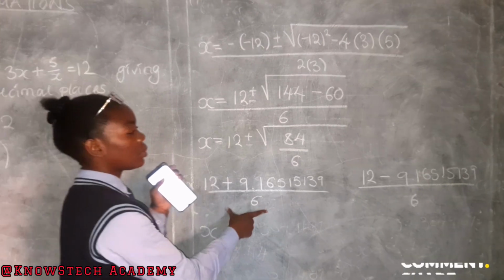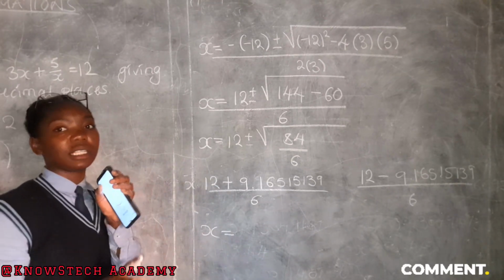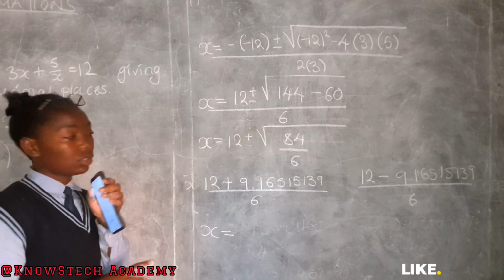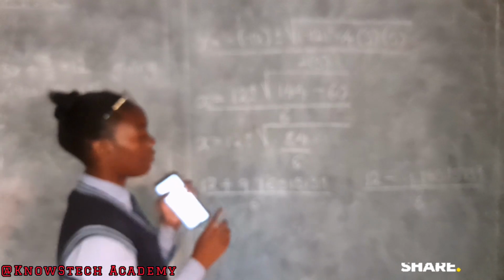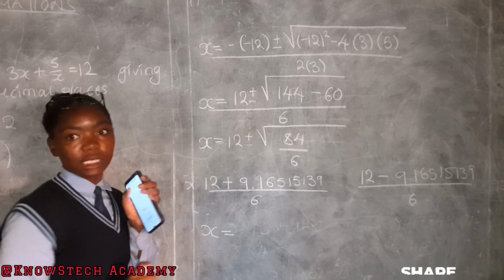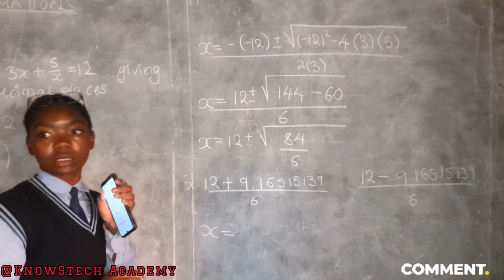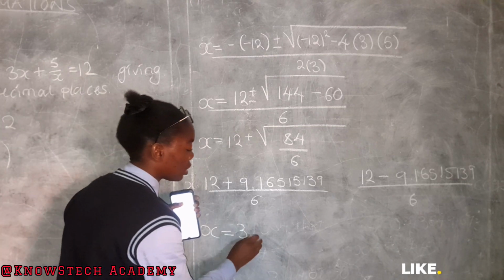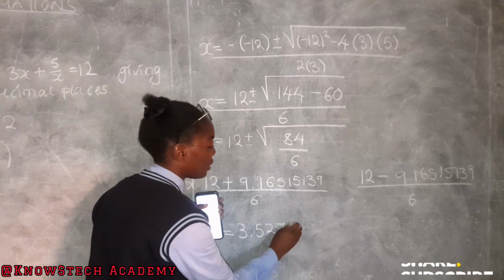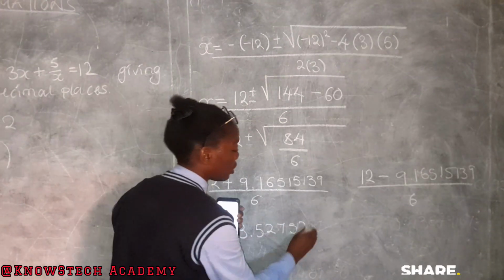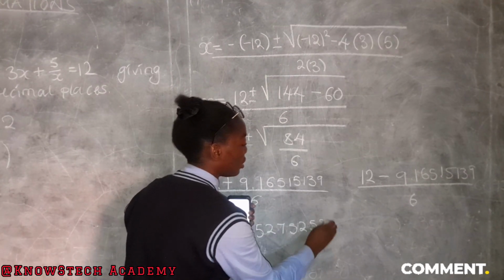So what we're going to do is that we're going to get x is equal to. To find this, we're supposed to punch everything directly on our calculator. So what's 12 plus 9.16515139 divided by 6? 3.52752523.